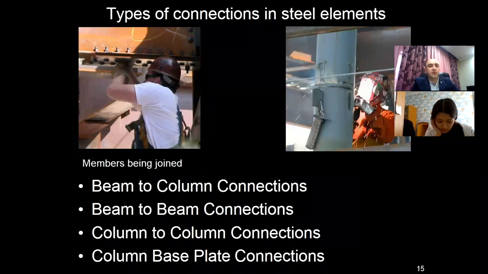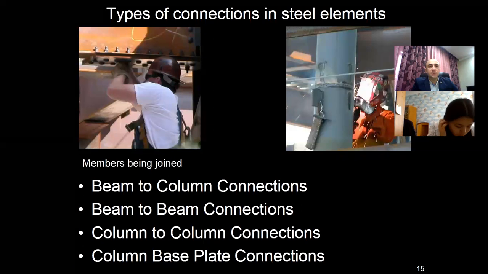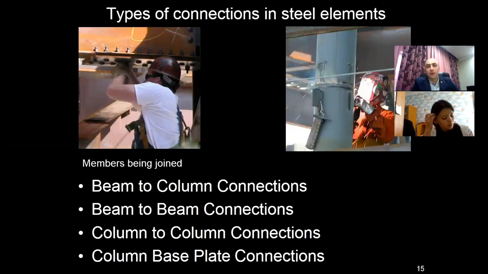If we start talking about the classification of steel connections, it is also commonly made according to the structural members that are connected. In fact, the consideration of connecting columns and beams should act as one of the primary considerations when designing a steel connection.